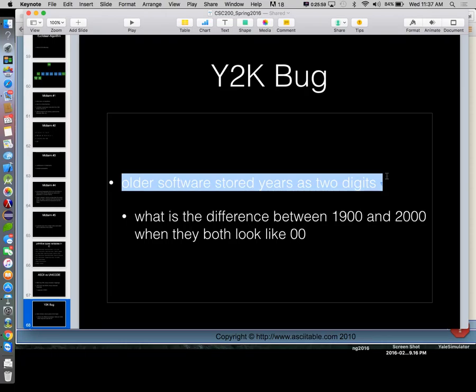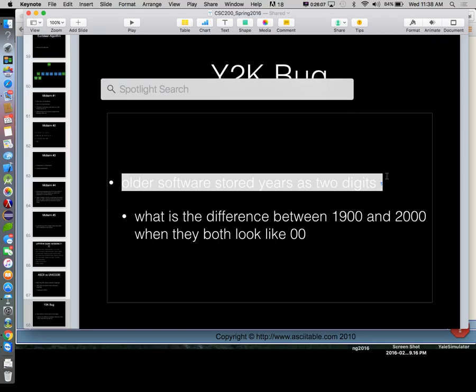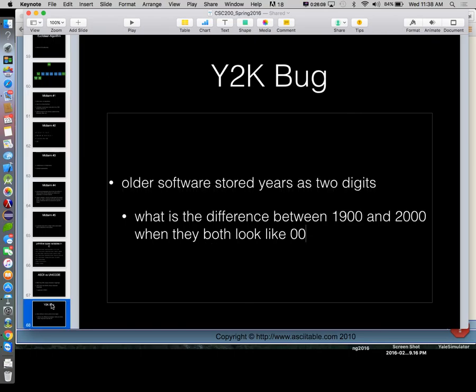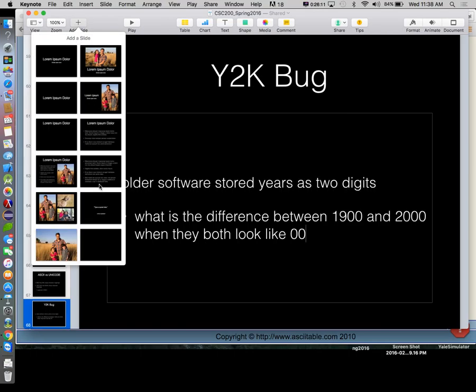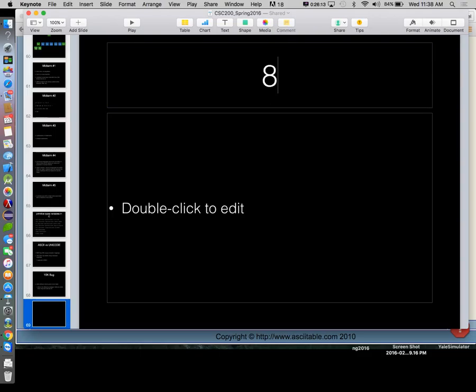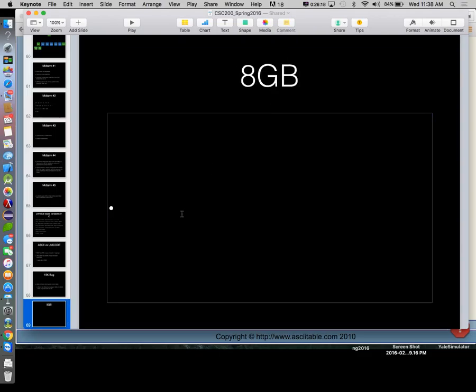Even if we store everything as a 64-bit number, which can hold 9.2 quintillion, if you have 8 gigabytes of memory, let's walk backwards here. We want to know how many bits that is.